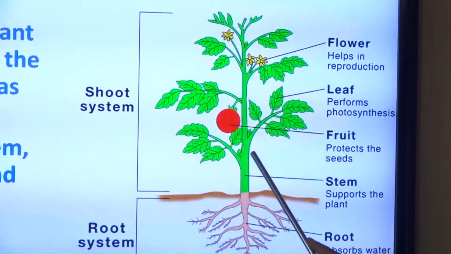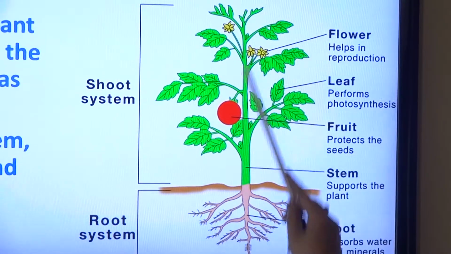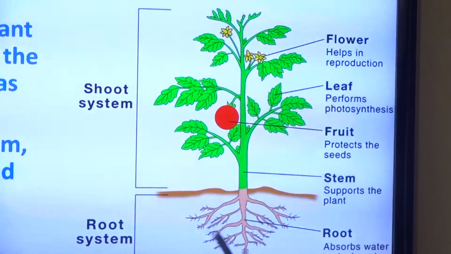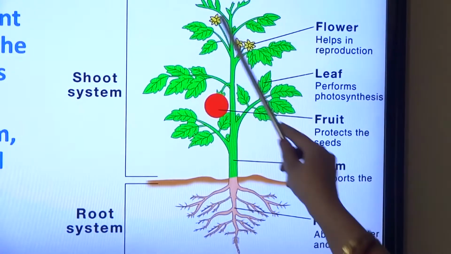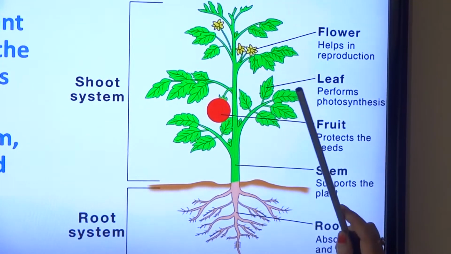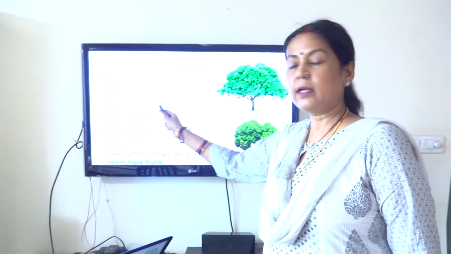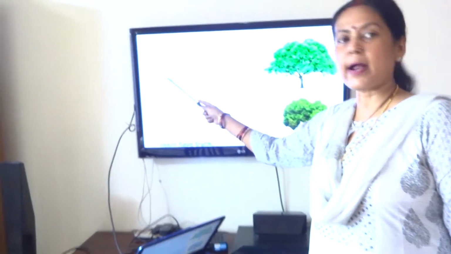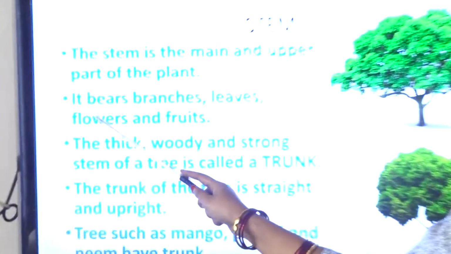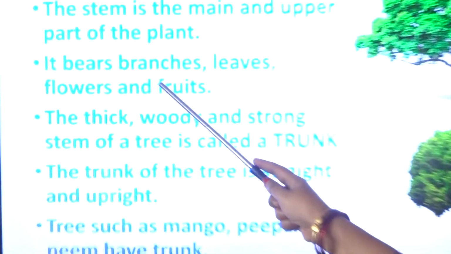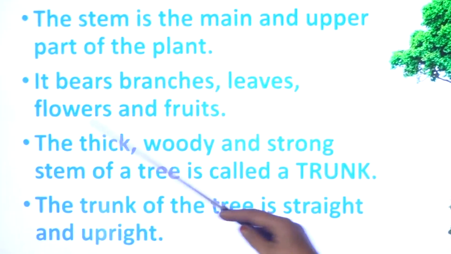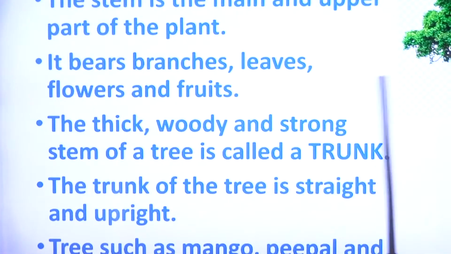Shoot has a stem, leaves, flowers and fruits. This is the flowers and the fruits. Stem is the main and upper part of the plant. It bears branches, leaves, flowers and fruits.